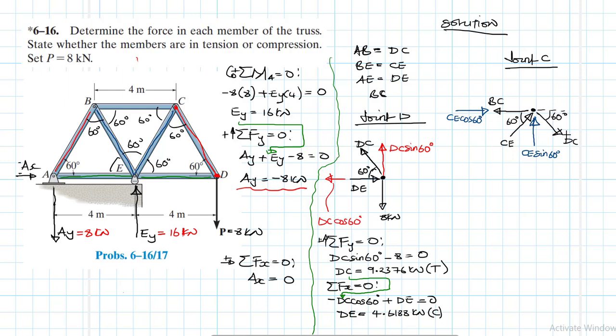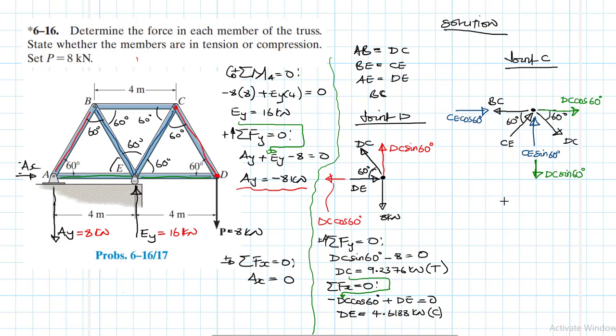And then for DC we expect two components, one in that direction like so, then the other one like so, coming down. This one will be DC cos 60. This one will be DC sine 60.